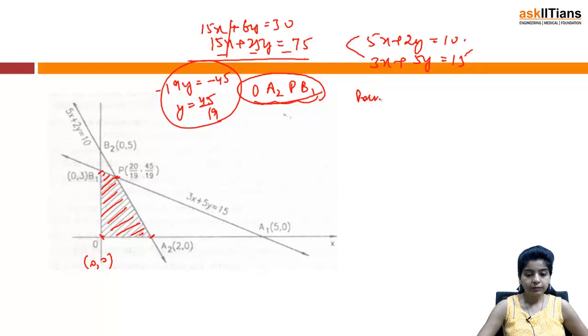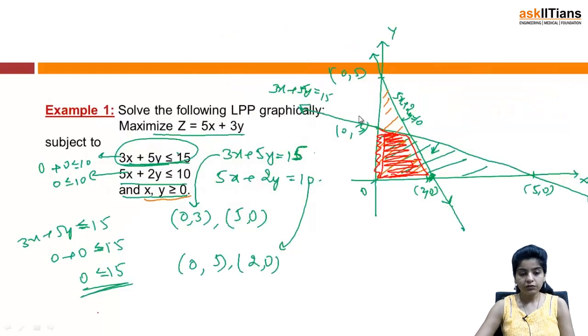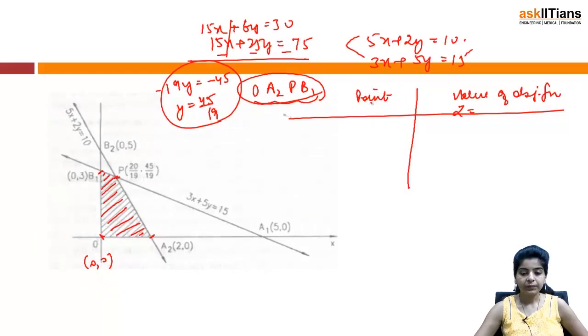Here we have the point, and here the value of the objective function z, and z was 5x plus 3y.